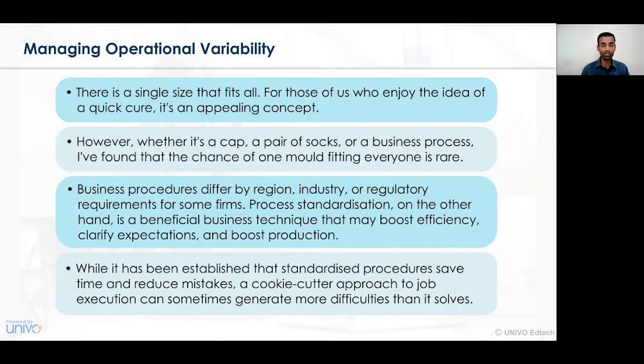Hence, when we go for standardization, it is to be seen how the business techniques are applied and how the efficiency or productivity of the organization is increased. This standardization process is implemented in the organization to produce qualitative as well as quantitative products and deliver goods and services to the customer within the specified time period.